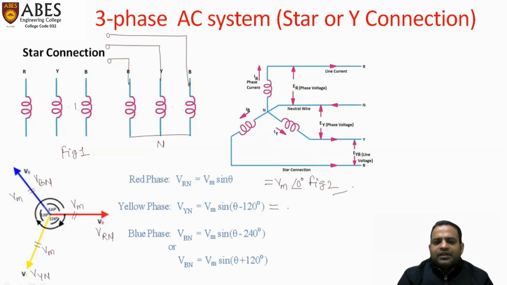Similarly, our yellow phase is Vm angle minus 120 degree, and the blue phase is Vm angle minus 240 degree in negative sequence, and in positive sequence it is Vm angle plus 120 degree.